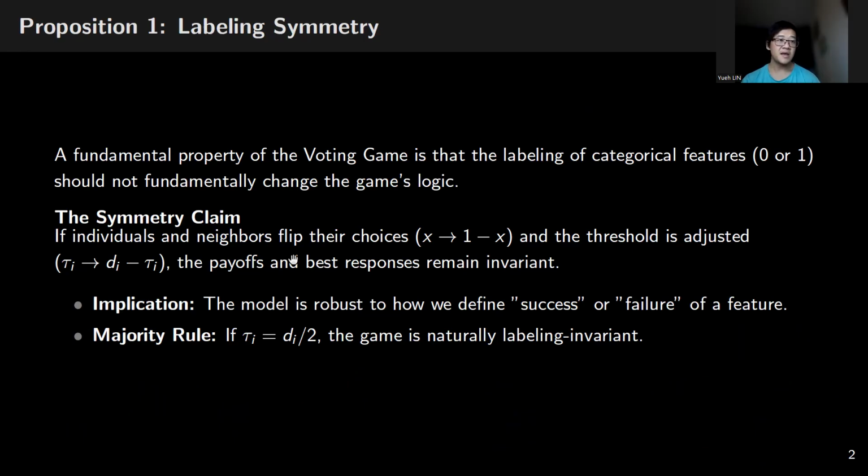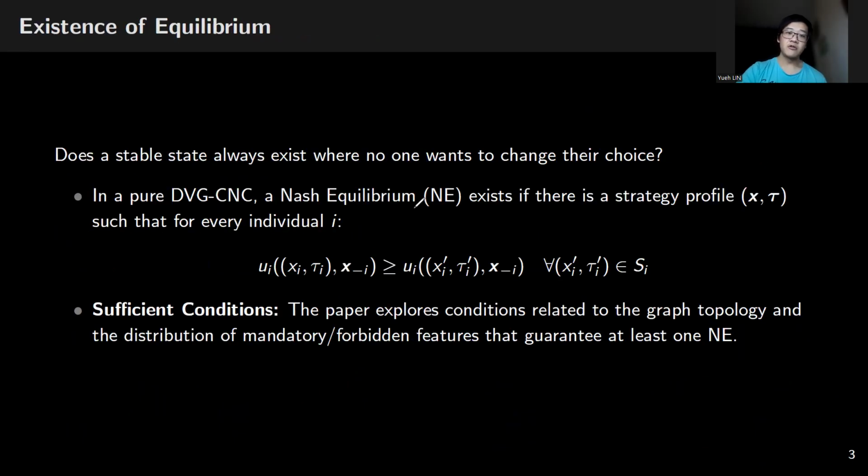Next, we can talk about the existence of a Nash equilibrium. In game theory, a Nash equilibrium is a strategy, let's say X and tau here, such that for any individual, it is not possible to find a better strategy by unilaterally changing that individual's strategy.